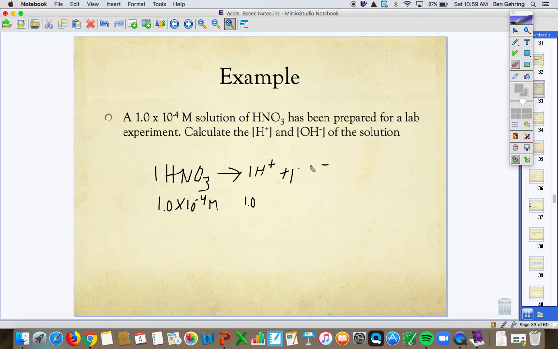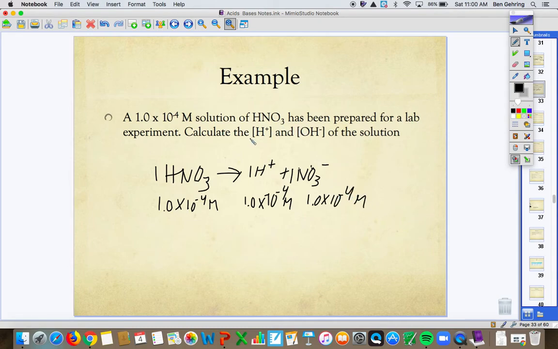That should have been NO3. This should be NO3 negative. So I have 1.0 times 10 to the minus 4th molar hydrogen and 1.0 times 10 to the minus 4th nitrate.